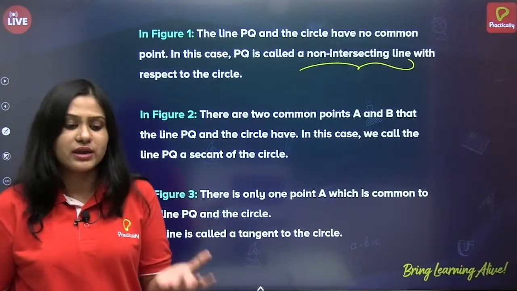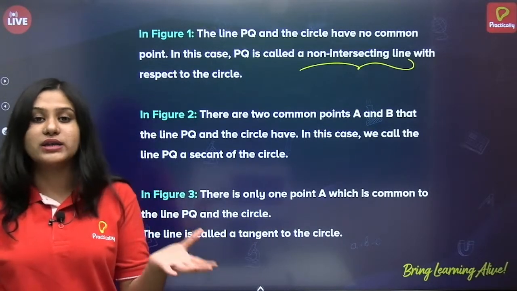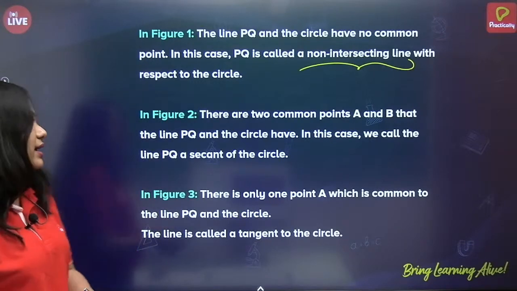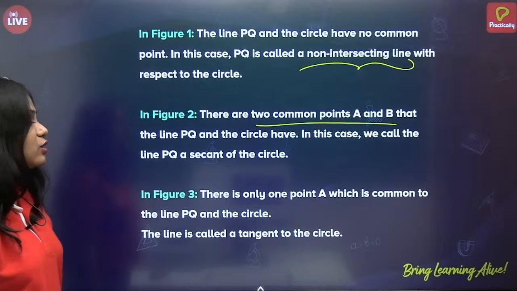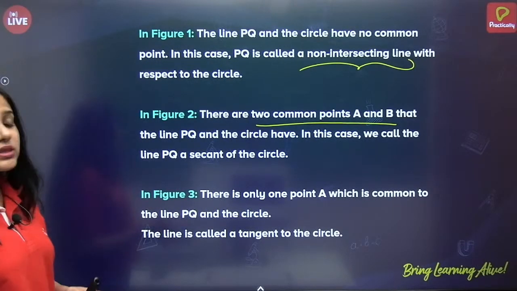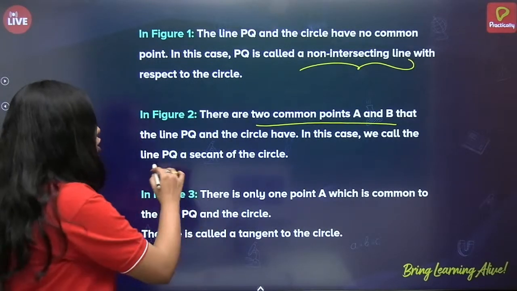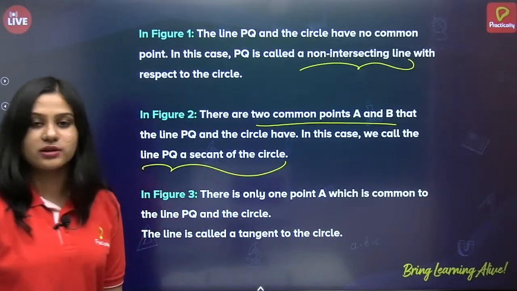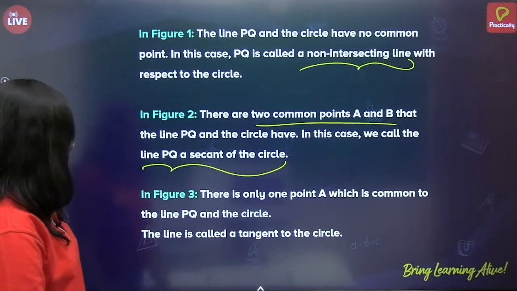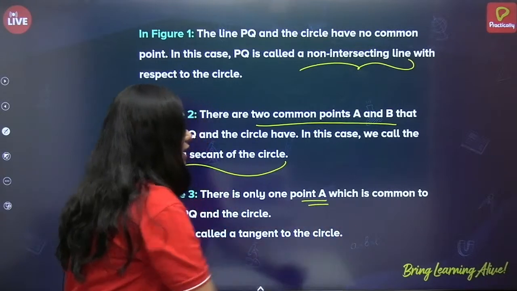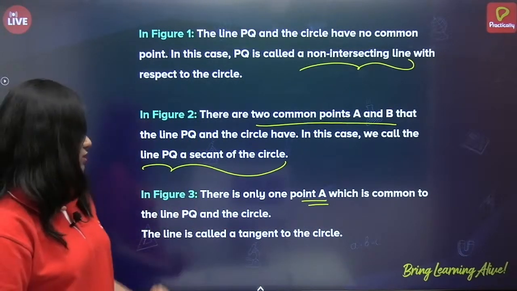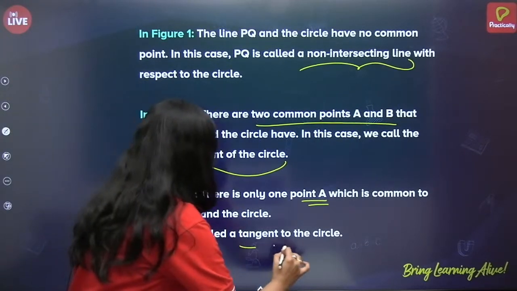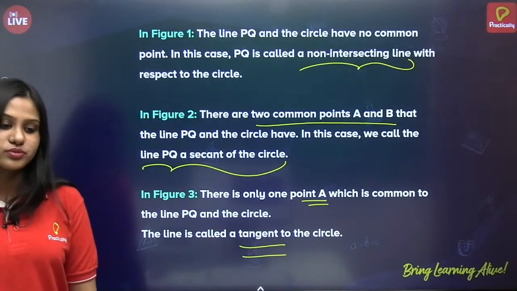Next, there are two common points A and B that the line PQ and the circle have. In this case, we call PQ the secant of the circle. Next, there is only one point A which is common to the line PQ and the circle, and this line is known as a tangent to the circle, right?